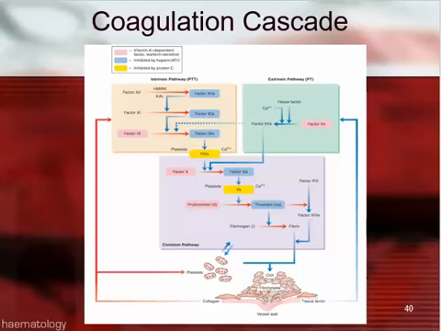The extrinsic pathway is triggered by factors that exist outside of the blood, so in the tissues, and we call those tissue factors. So with the extrinsic pathway, we are relying on tissue factors. So this happens within the body, and it's called extrinsic because it's extrinsic to the blood.